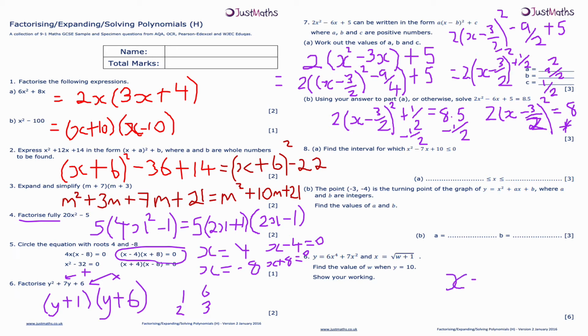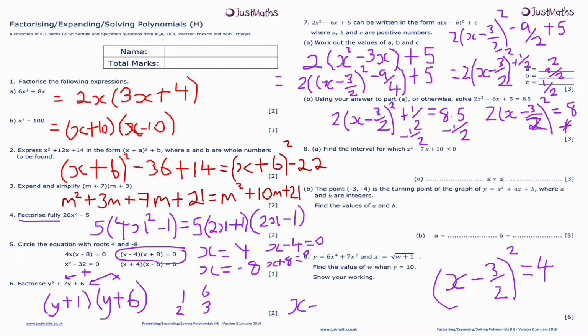Taking the square root of both sides, I get x minus 3 halves equals plus and minus the root of 4, which is going to be equal to 2. Hopefully it's making sense so far, guys, and you're still with me.